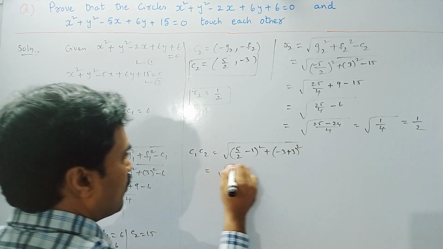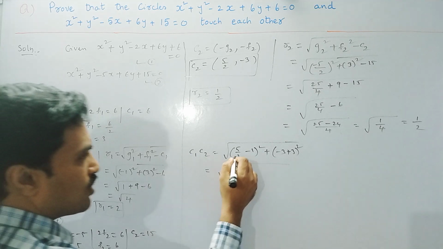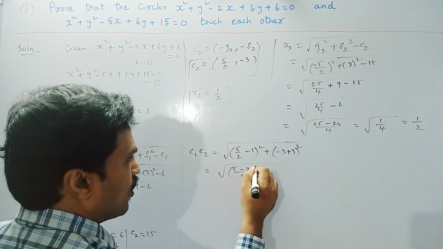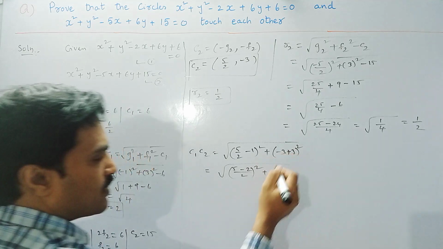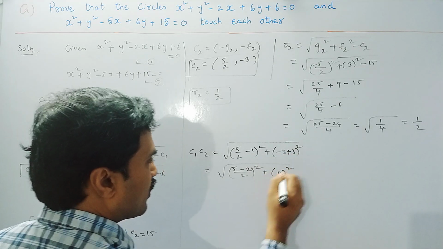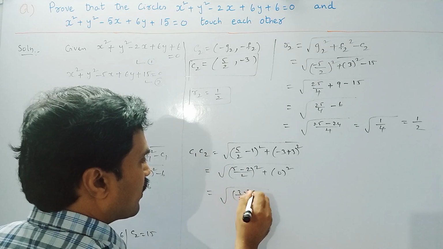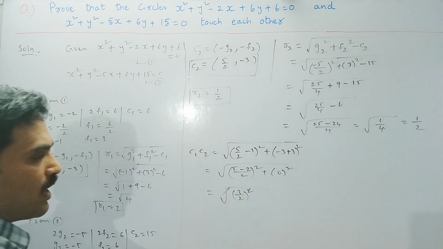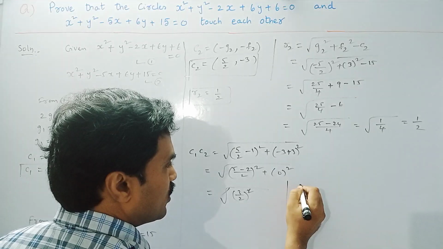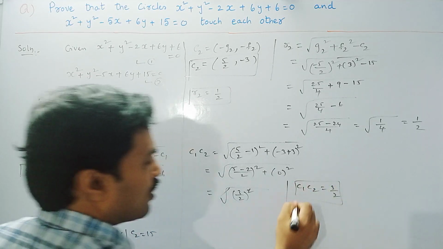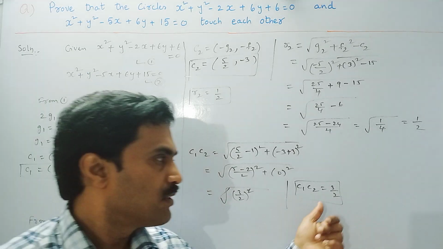So this is equal to, take LCM here, so that will be 5 minus 2 by 2 whole square, and 3 minus 3 is 0, so 0 square. So we get the square root of 3 by 2 whole square. Now the square root and square will cancel, so we get C1 C2 equal to 3 by 2. So the distance between C1 and C2 is 3 by 2.